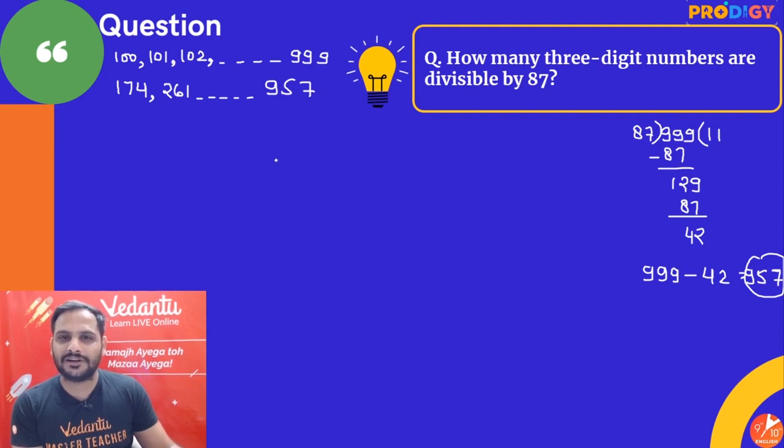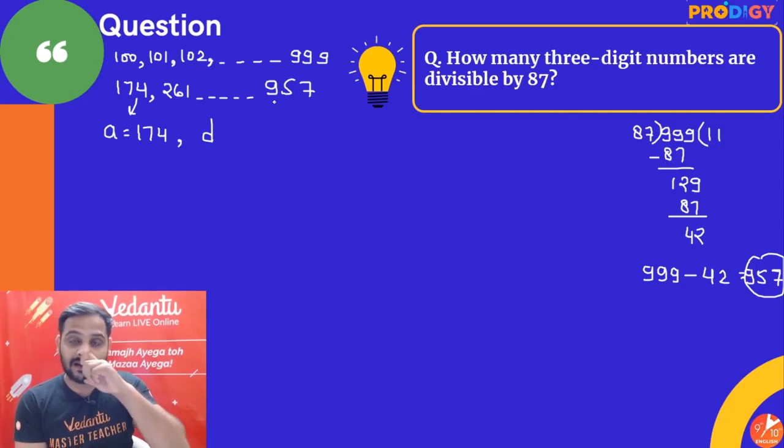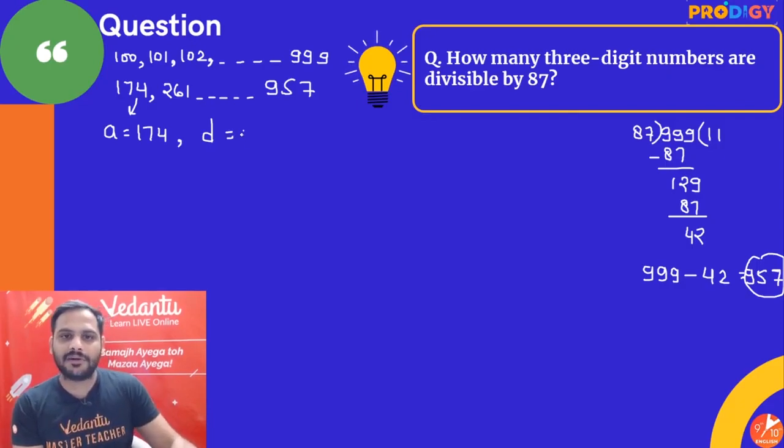So how many terms are in this AP? Now I know directly it is 10 terms, but mathematically, my first term is 174 and my common difference is 87, since all are multiples of 87. So how many terms exist? Let's say the last term is an, which is 957.